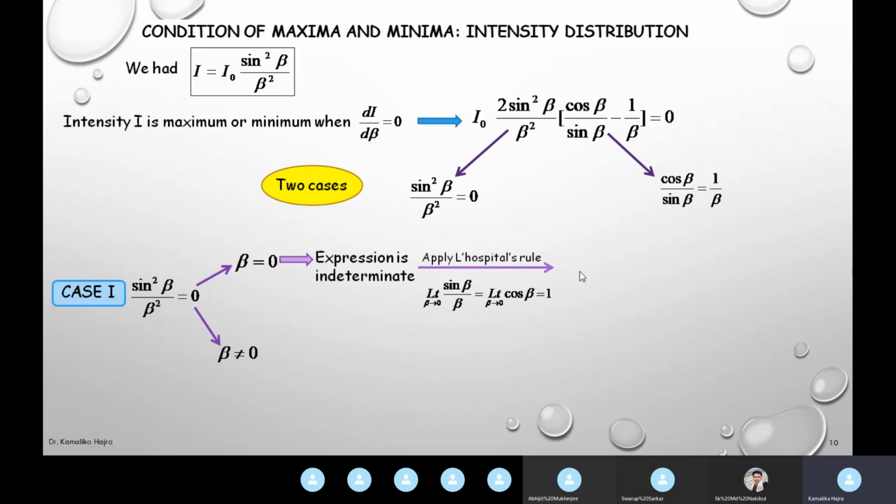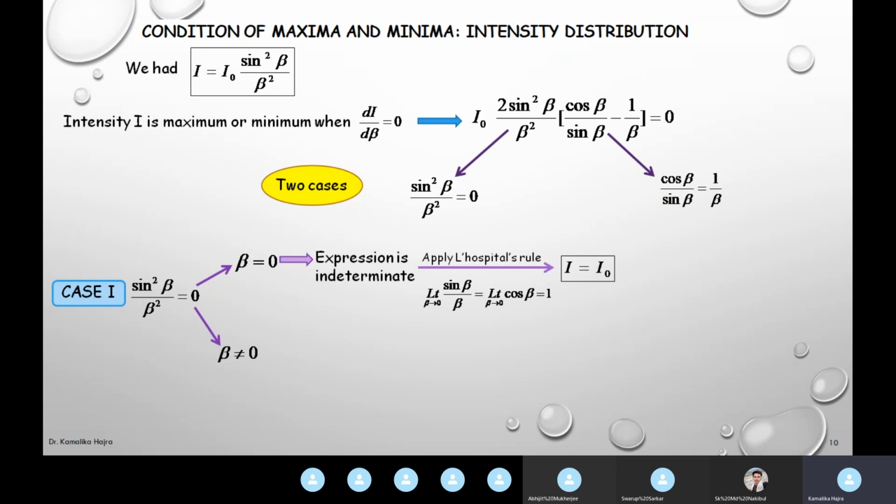Sine beta by beta equal to 1 means I equal to I0. What does this mean? This means that at these positions where beta equal to 0, we are getting the intensity to be the same as the incident intensity.